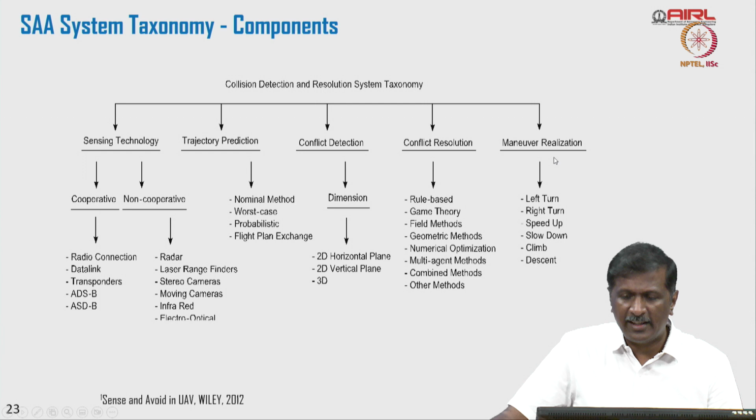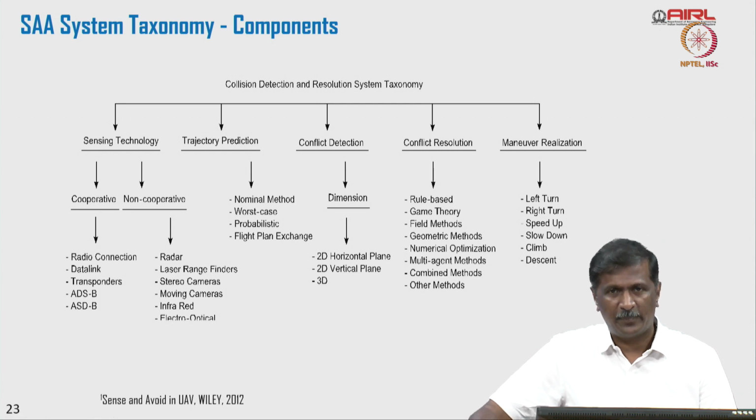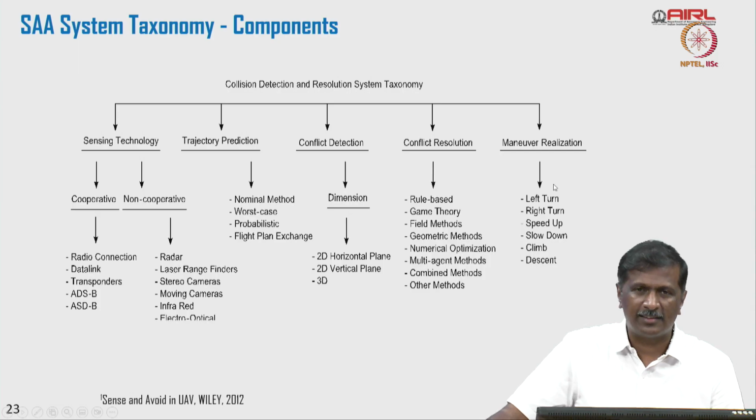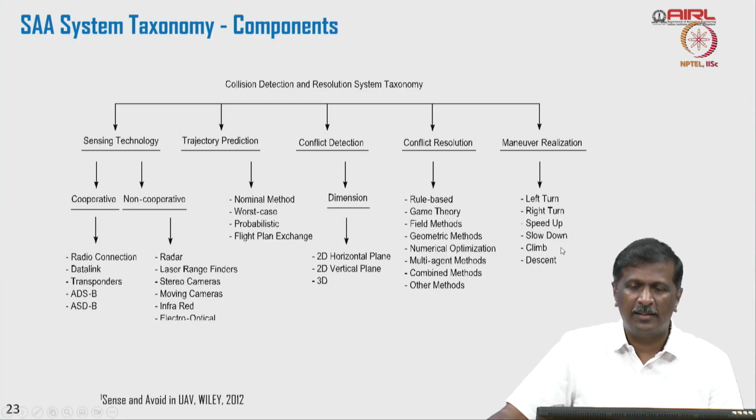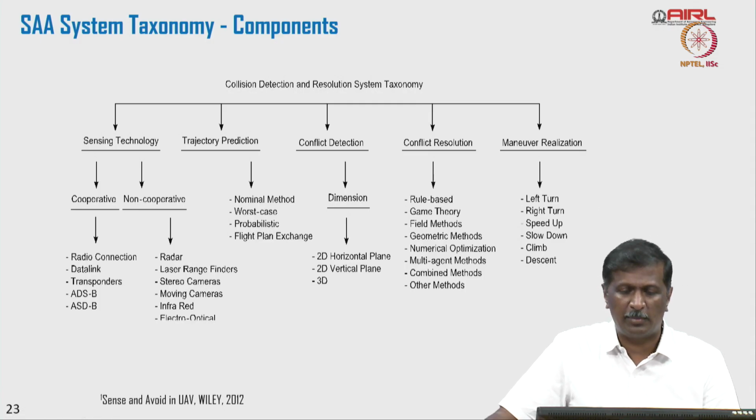Finally, you have to generate your trajectory, right? You could have a continuous trajectory, or you could have discrete decisions. You can simply say turn left, turn right, or increase or decrease the speed. You climb or descend. You can do any of this decision making also, right? So this is how the different components are present.